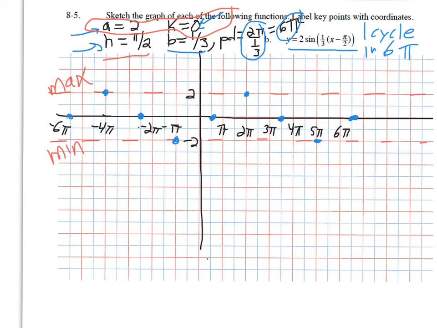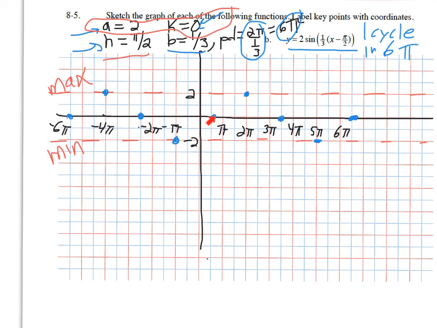Now understand, we're trying to do this without a calculator. Counting 6 pi, 1 pi, 2 pi, 3 pi, 4 pi, 5 pi, 6 pi, that's going to be the end of a period. And right in the middle, when I hit 3 pi, that's going to be halfway through my period.